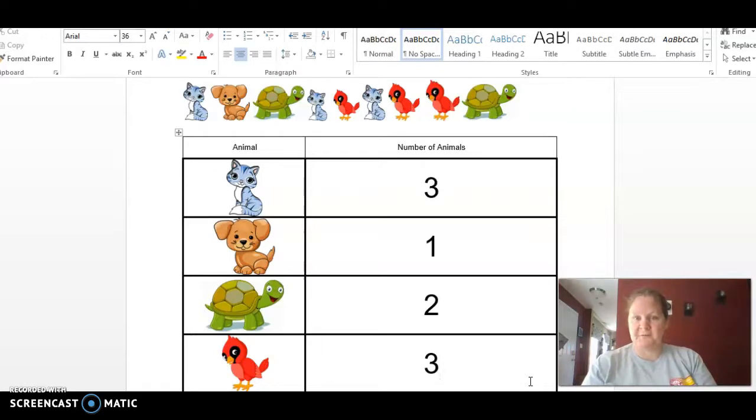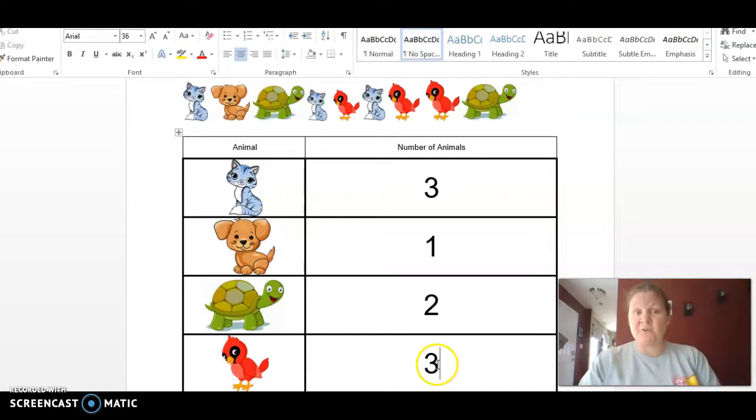What were there 2 of? Good, turtles. Because I would go to the 2 and go over next to it and say, oh, turtles. So how many cats? 3. How many dogs? 1. How many turtles? 2. How many birds? 3. Good. You just read a table and helped me create a table.